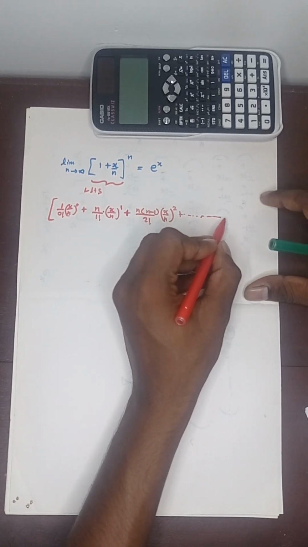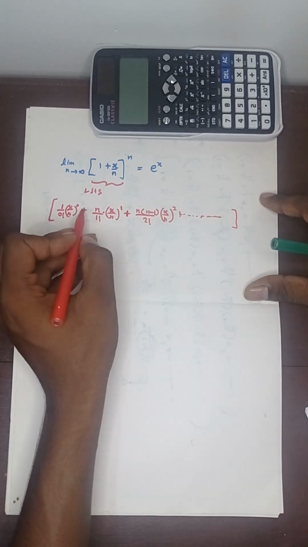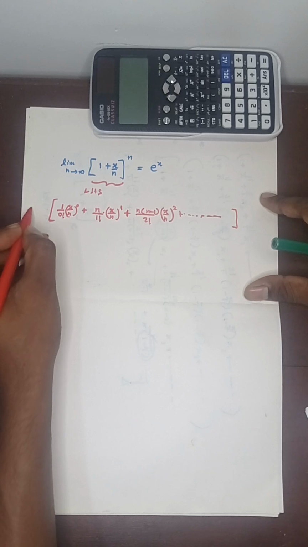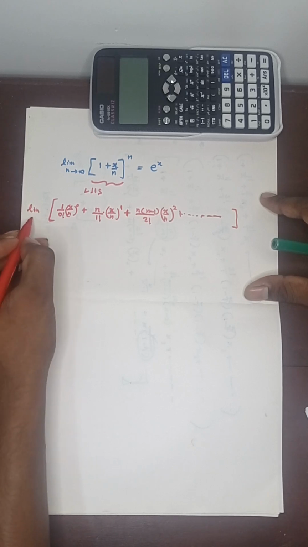Likewise, it runs up to infinity because the index tends to infinity. Then the limit as n tends to infinity, right?